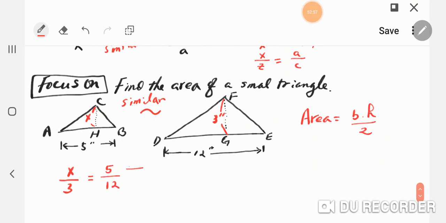So in this case, the numerator is the measure of the left triangle, and the bottom is the corresponding measure from the right triangle.